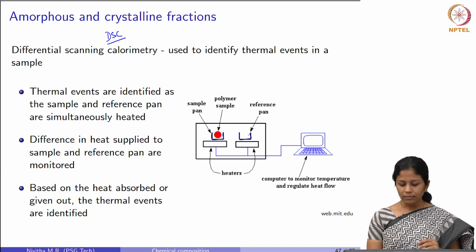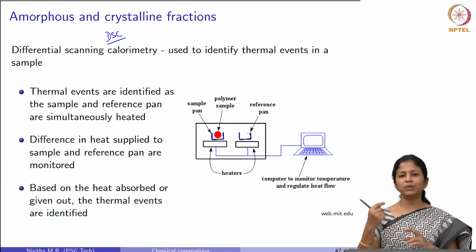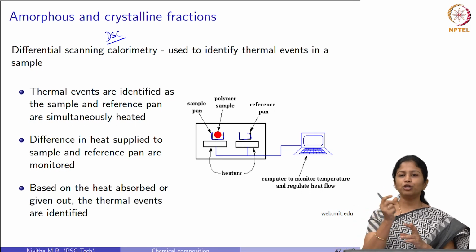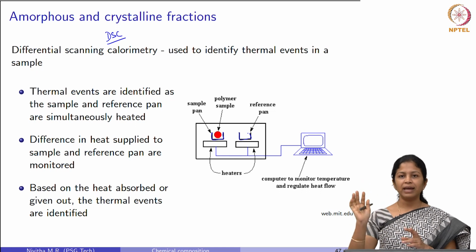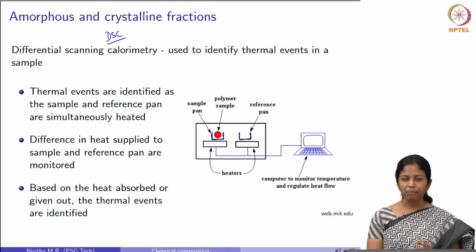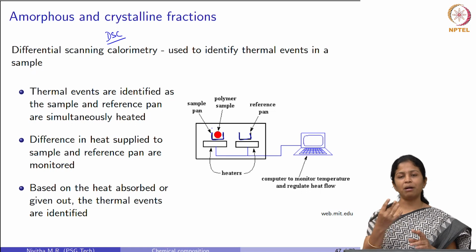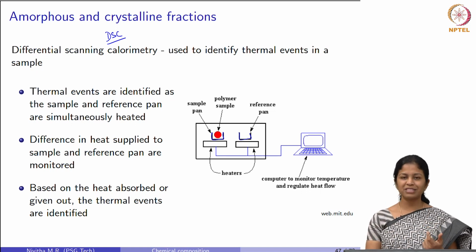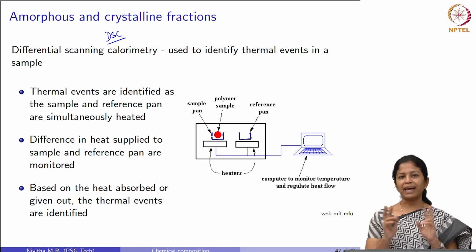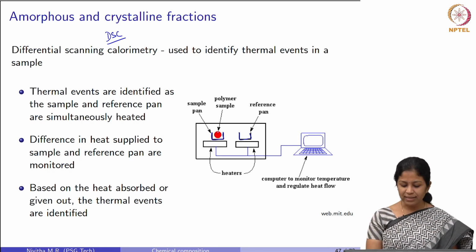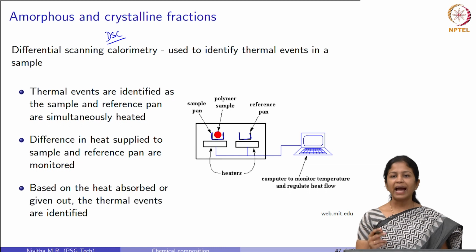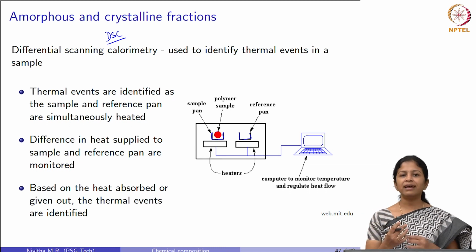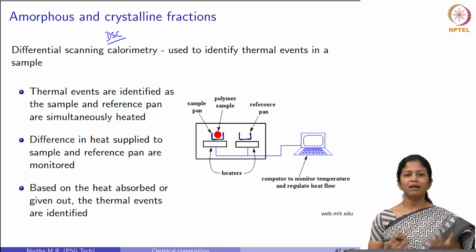Now, the reference pan is supplied with some amount of heat energy to maintain that rate of temperature increase. The sample pan is also subjected to some amount of heat energy, but the amount of heat energy supplied to the reference pan and the sample pan can vary. As temperature increases, there are thermal events happening in the material.